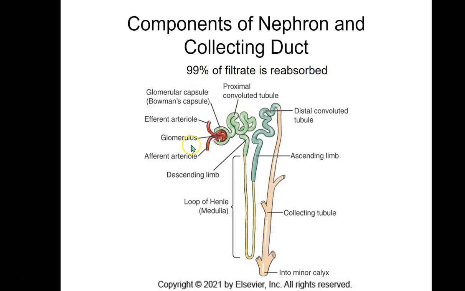In other words, the blood enters the glomerulus, is filtered through this glomerular capsule, and then goes into the proximal convoluted tubule.